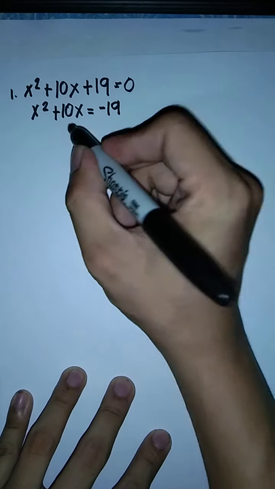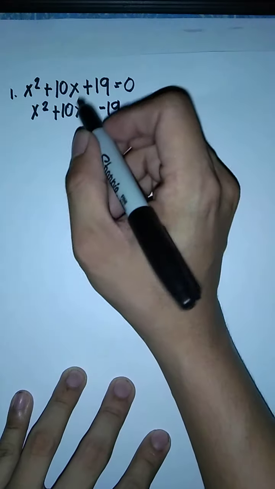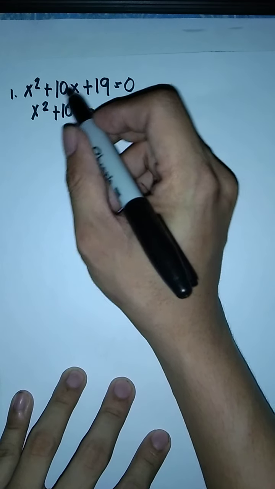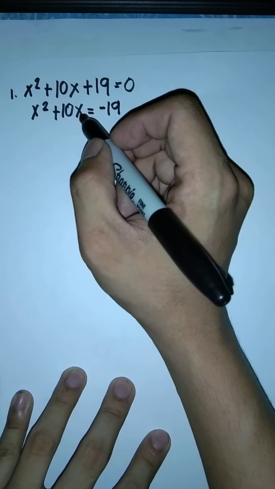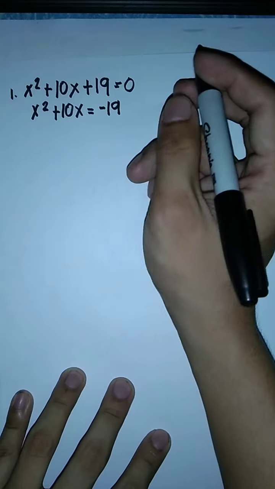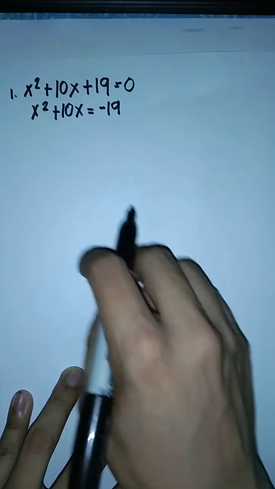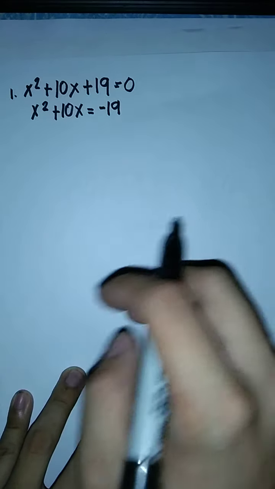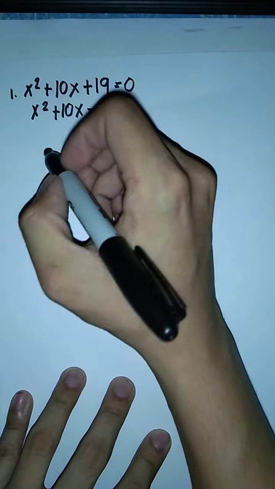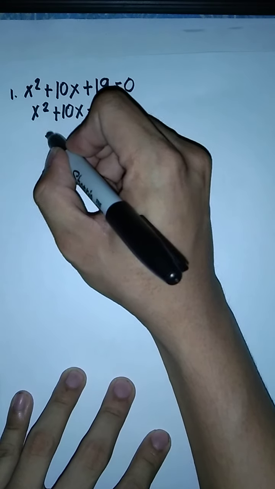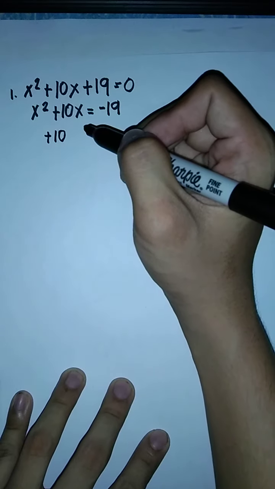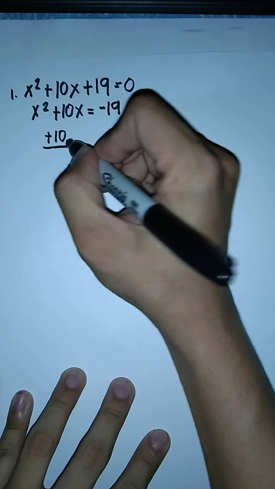And then, kukuhanin natin yung ating second term or yung 10x natin. Yung numerical coefficient niya, same with the sign. So, mahalaga yung sign in this next procedure. So, we will have positive 10. And then, we will divide it by 2.